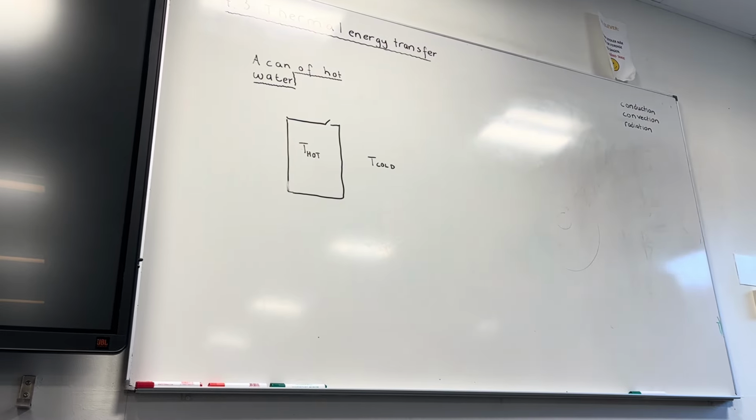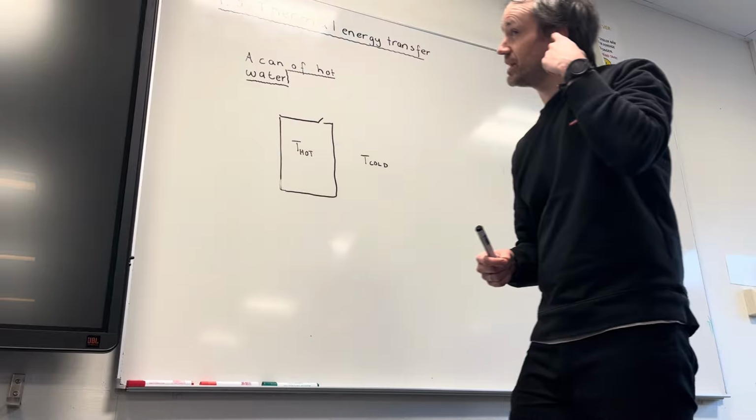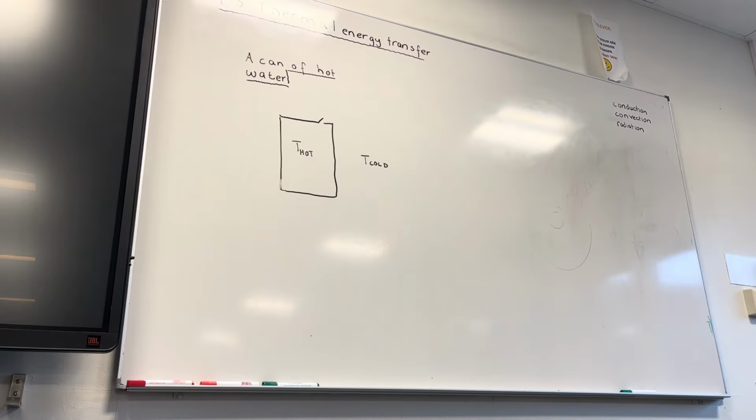We're going to continue on with this pretty long chapter, chapter 7. We've done phase changes, and we have done specific heat capacity, determined the heat required to increase the temperature of 1 kilogram of a substance by 1 Kelvin. We used that in a formula.